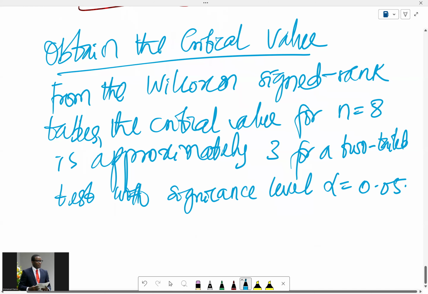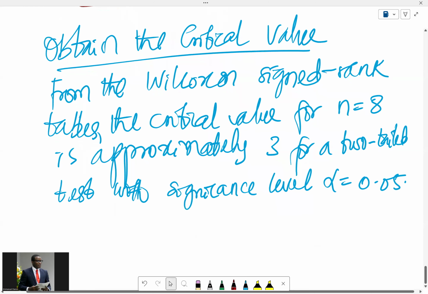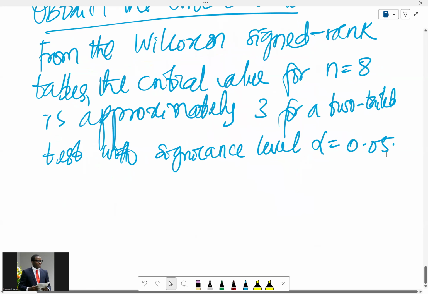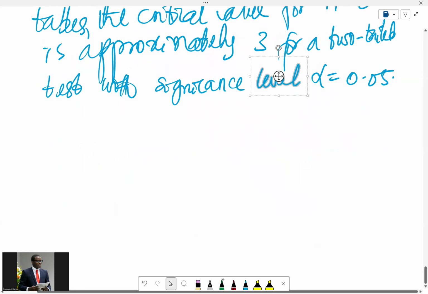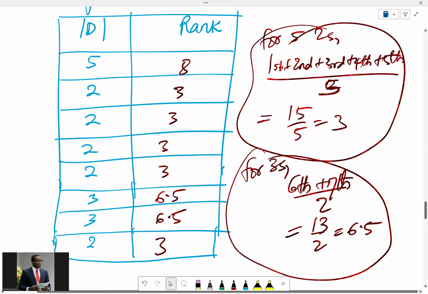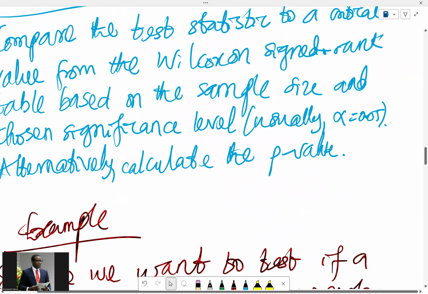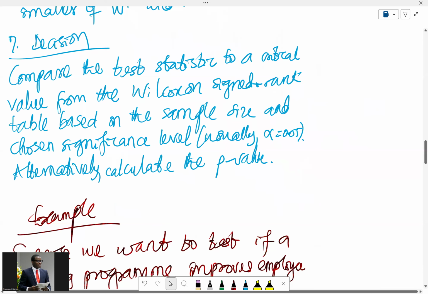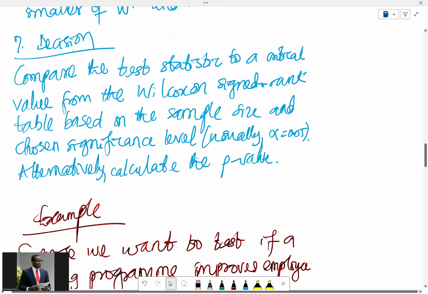So the next thing is about the decision. How do we decide here? Compare the test statistic to a critical value from the Wilcoxon Signed-Rank Test based on the sample.